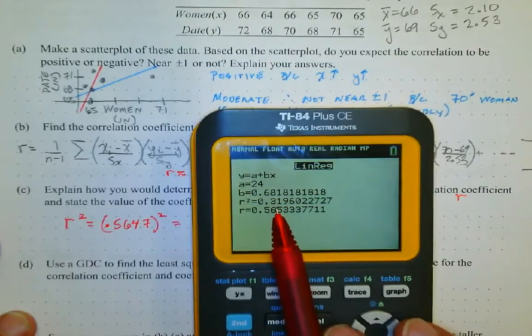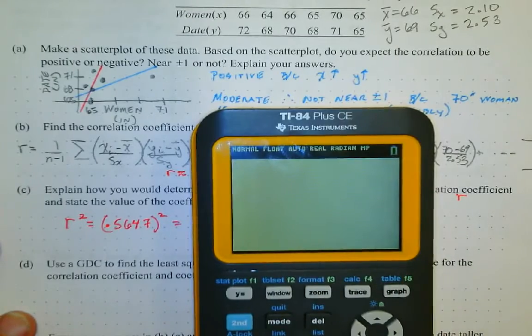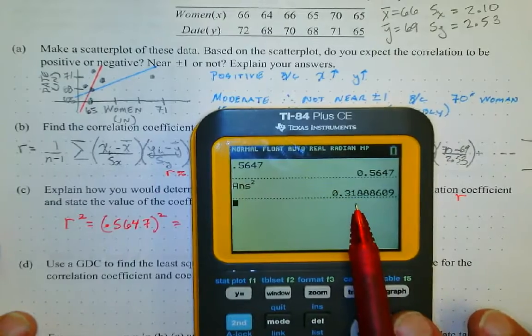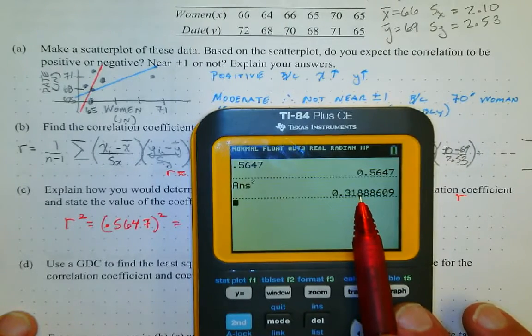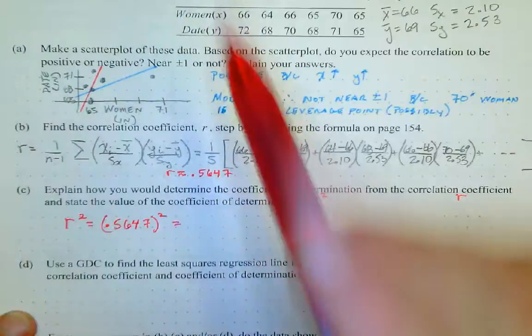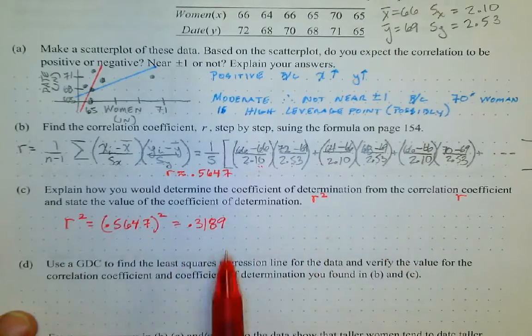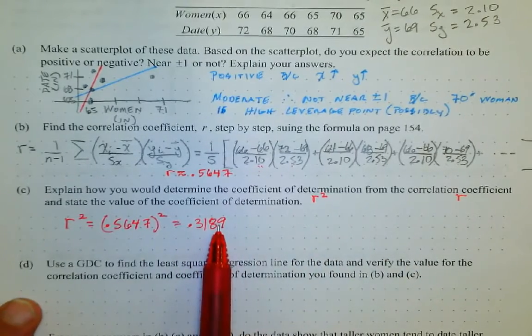It should be close to this 0.3196 that I got. If I double check it, take 0.5647 and square it, that's very close to the value we said. So this is 0.3189 approximately. And once again, generally we're going to say that that's a moderate relationship.